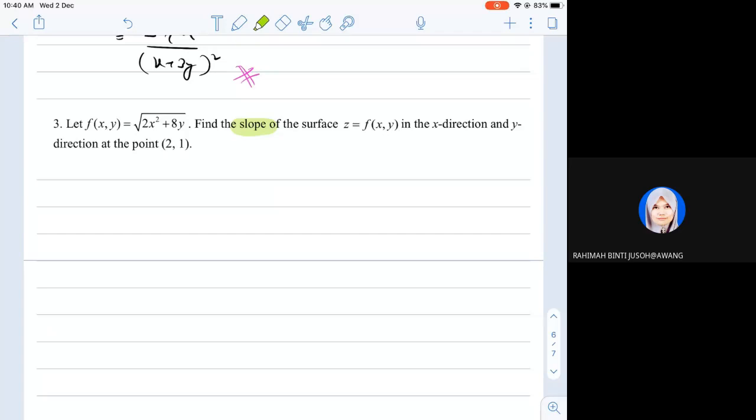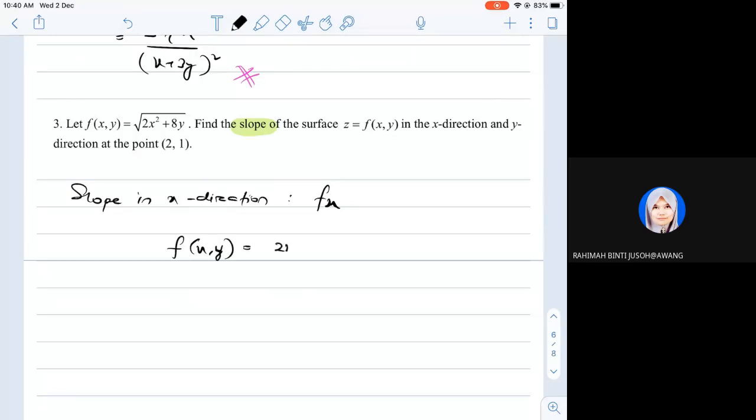So the question asks you to find the slope in x direction and y direction. So slope in x direction means you have to find your f subscript x, which means that you have to differentiate the function f with respect to x.